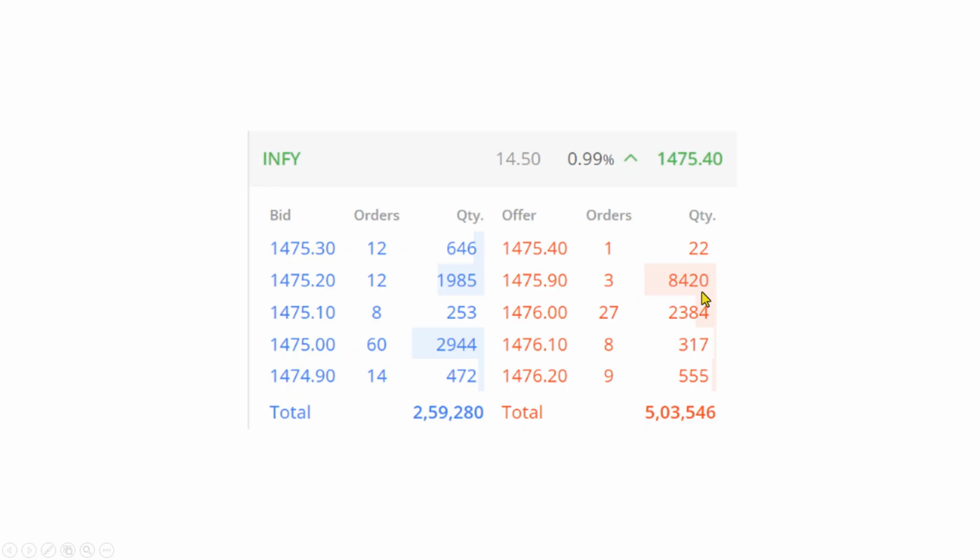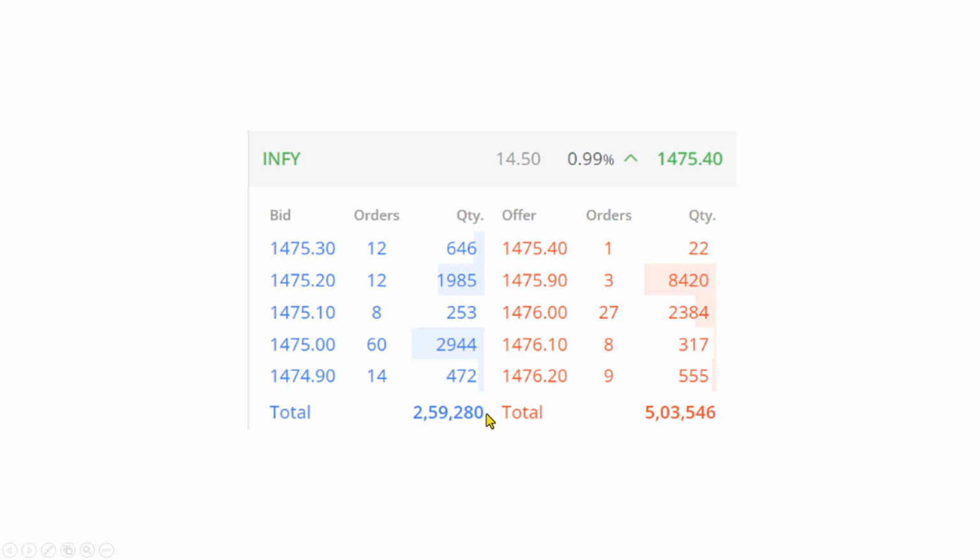Meaning 3 people are ready to sell a total of these many shares at this price. And this is the sum of all offers. So there are more sell orders than the buy orders.